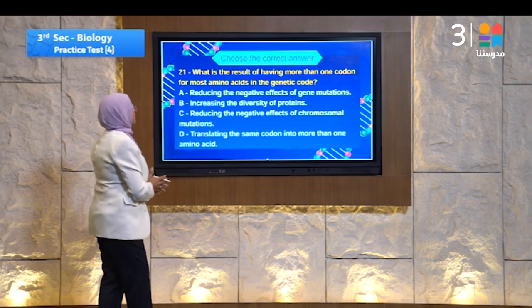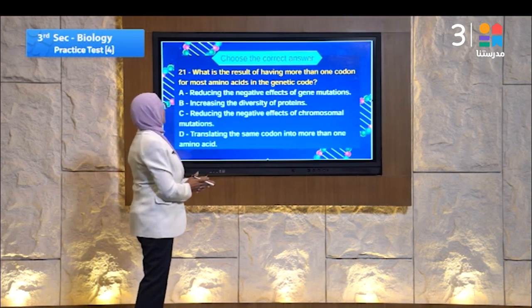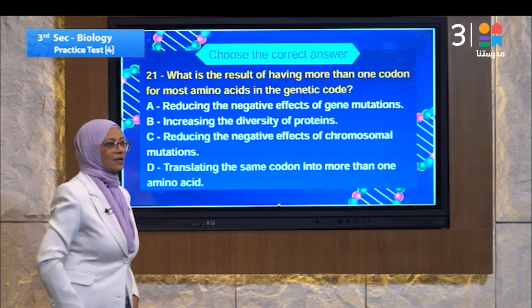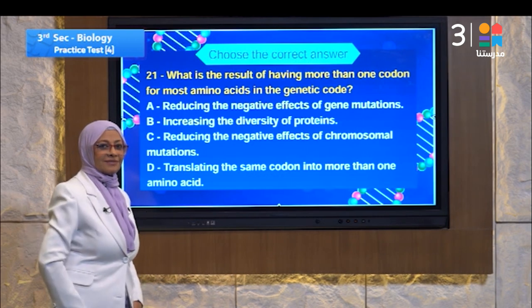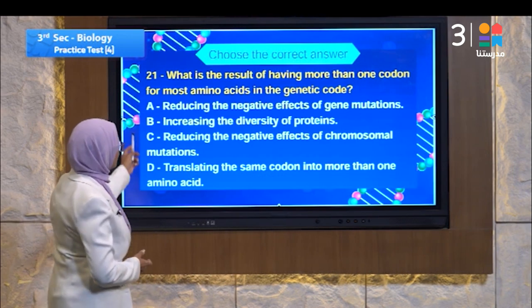Let's go to 21. What is the result of having more than one codon for most amino acids in the genetic code? What is the result of having more than one codon, more than one copy? Let's read the choices.